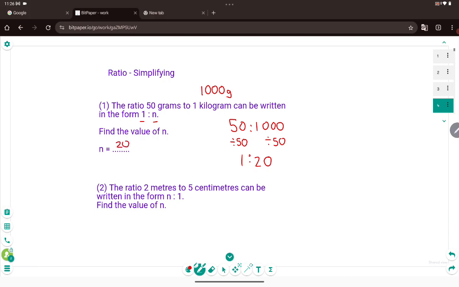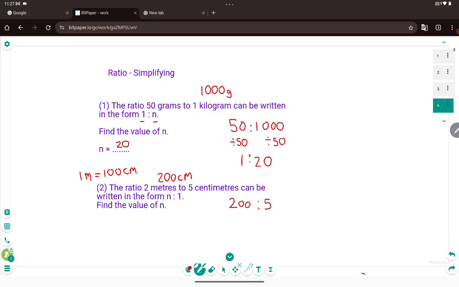Let me just show you that with another one before you have a go at some yourself. So the ratio 2 meters to 5 centimeters can be written in the form n to 1. Again, we need our consistent units. 1 meter is the same as 100 centimeters. So 2 meters would be 200 centimeters. The ratio is in the order 200 centimeters to 5 centimeters, so it needs to be that way round.